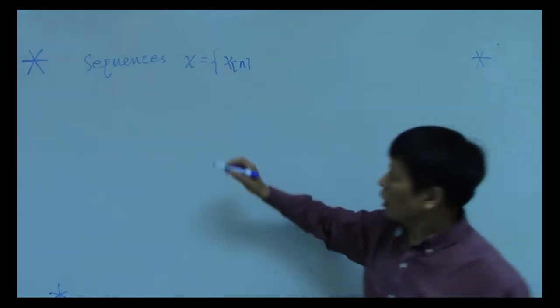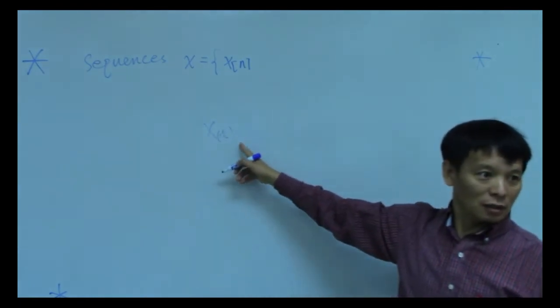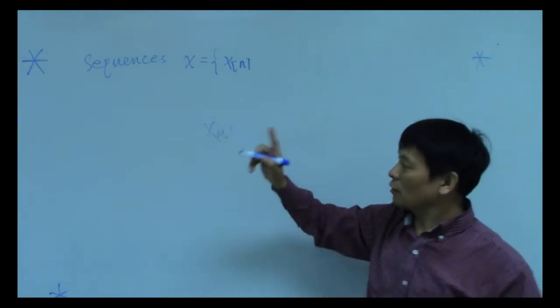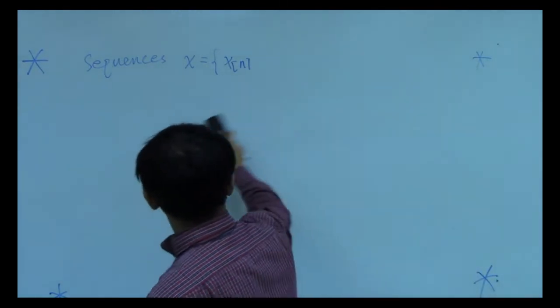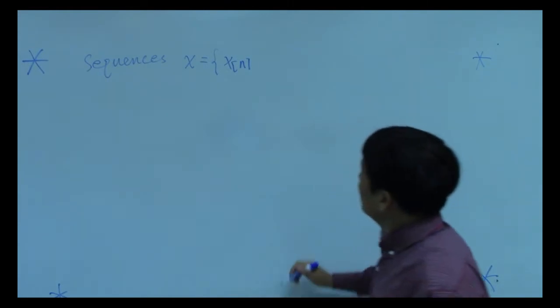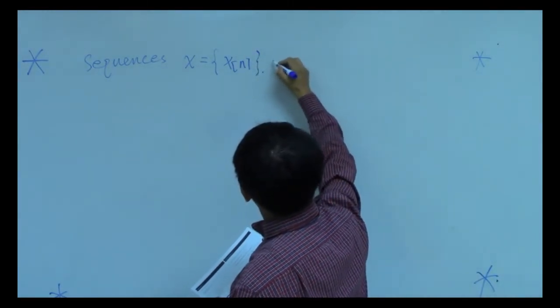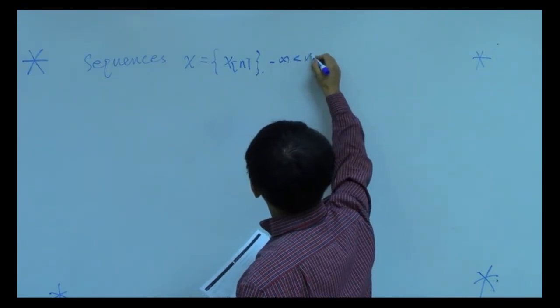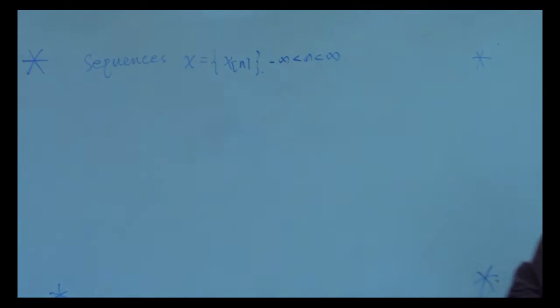Compared to continuous time, where we use x parenthesis t, here we use n instead of t, and we use a square bracket instead of a parenthesis. And n is from negative infinity to positive infinity. It can be defined anywhere between the infinities.